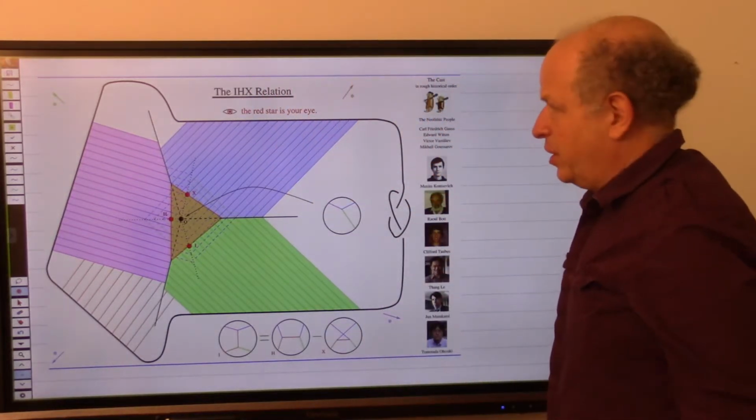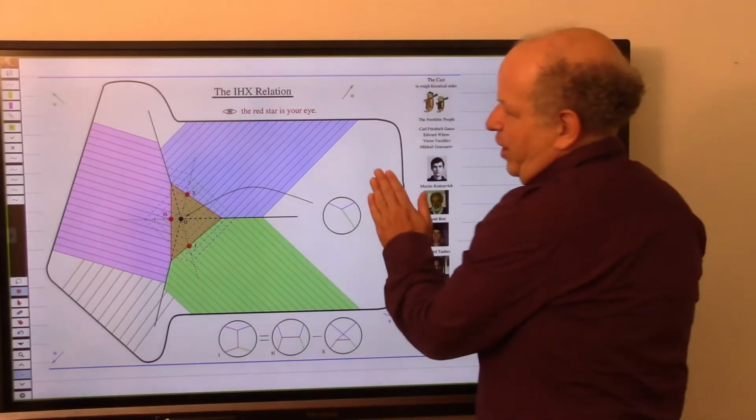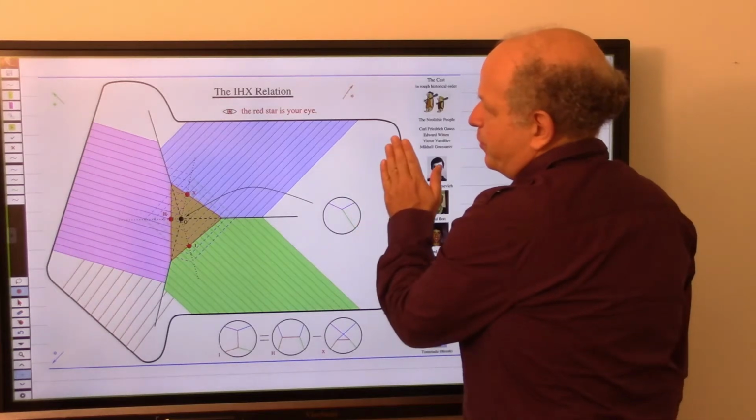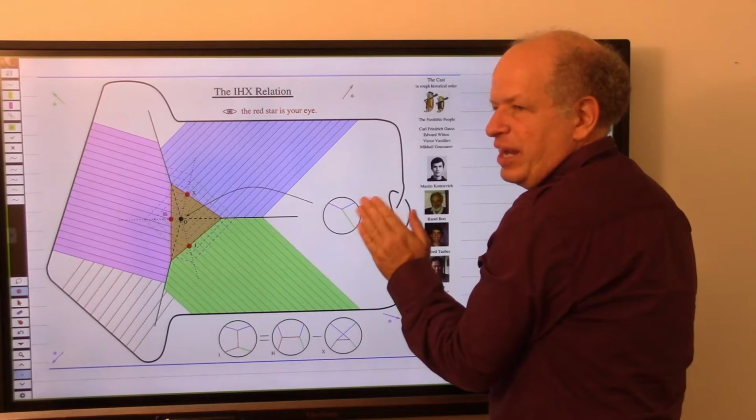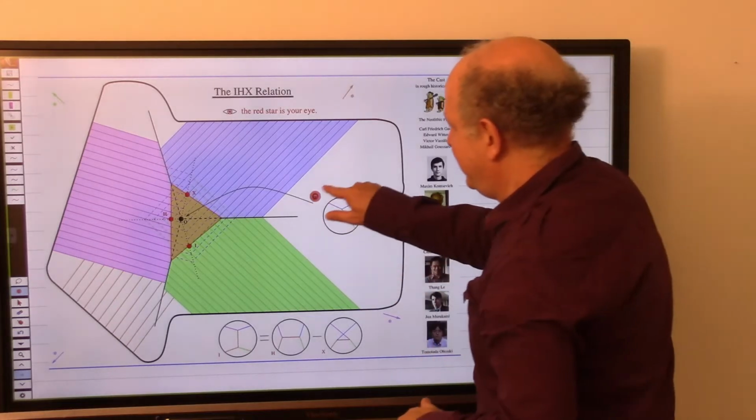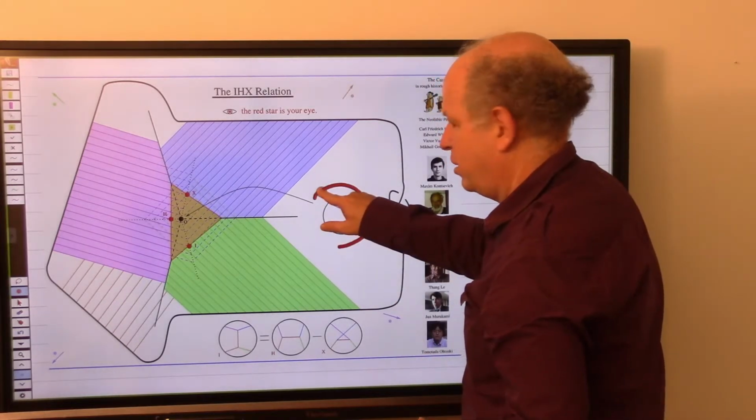So now suppose I'm looking for a cosmic configuration as indicated here.